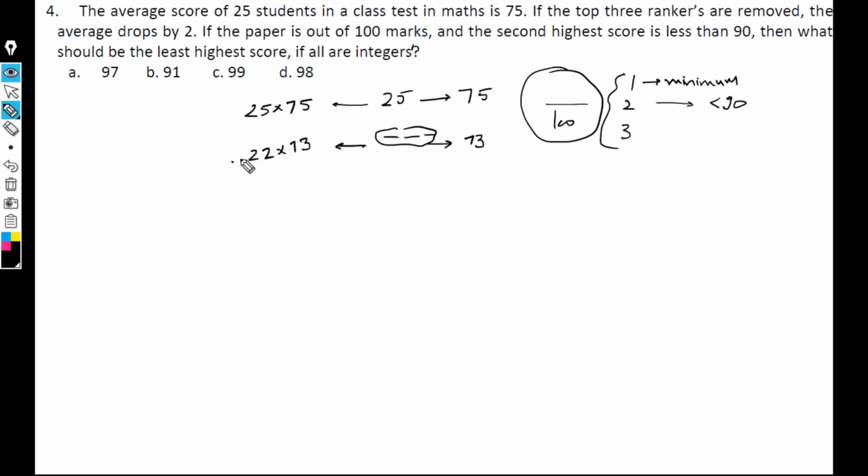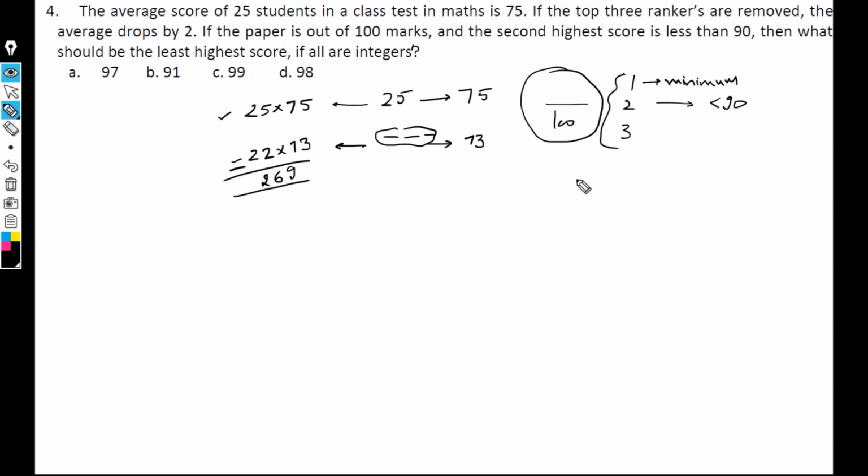So they are the marks of 22 people. On subtracting these two, we will get the total marks of the top three scorers who are removed, which comes out to be 269.